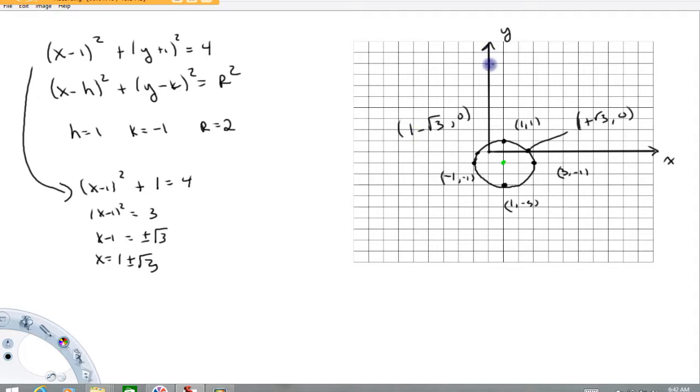Now we're going to calculate the y-intercepts. So we're going to take a look at that guy right there, and this guy. We can do those by setting x equal to 0. Taking this equation, setting x equal to 0, this is going to be negative 1 squared, which is 1, plus y plus 1, the quantity squared, equals 4.